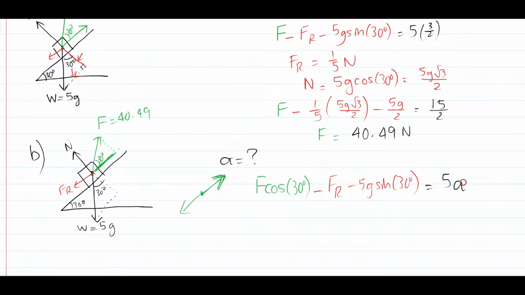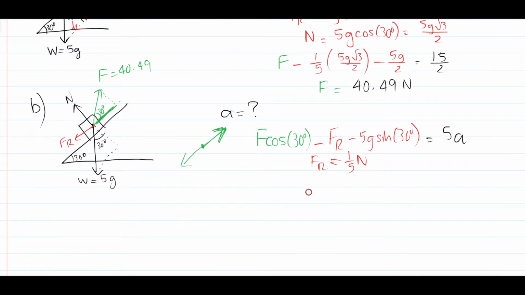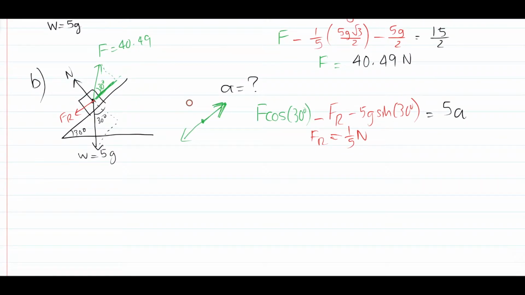Acceleration is not 1.5, don't confuse that. It's a different acceleration. Okay, so we want to find what FR is first. To find FR, we need to find our normal, because FR, as we know, is 1/5 of your normal. To find your normal force, it's slightly different from when we did over here.